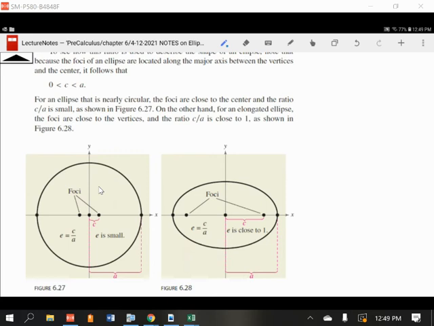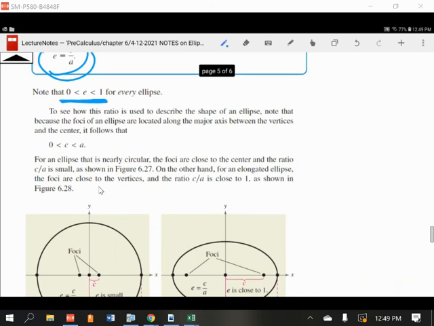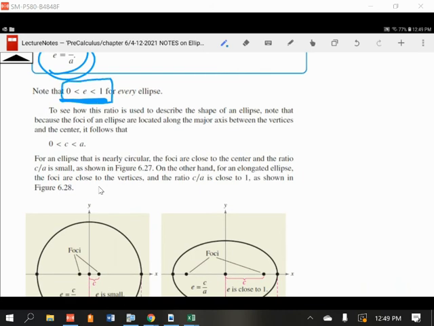As C gets closer to A, the ratio gets closer to 1, which would turn the ellipse squattier and squattier, and narrower and narrower. And if it were to equal 1, then you'd have a line, right? So the eccentricity is always between 0 and 1. If the eccentricity were 0, you'd have a circle. If the eccentricity were 1, you'd have a line.